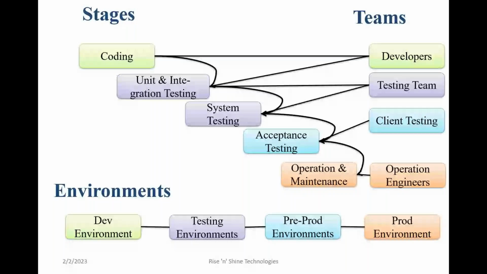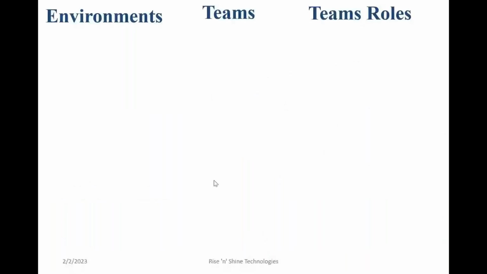Okay, so now let's move on. Now we understand the stages, the teams, and the teams who are working in the environment. Now we will talk mostly about the environment side. Whenever I talk about the development environment, you should remember that it is coding implementation by the development team, and the backend developer servers are managed by the operation engineers.